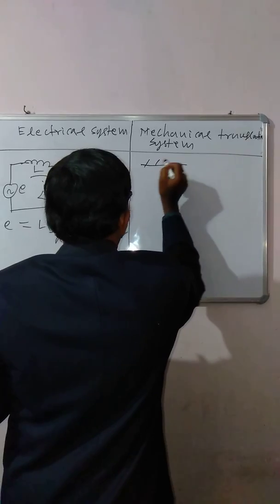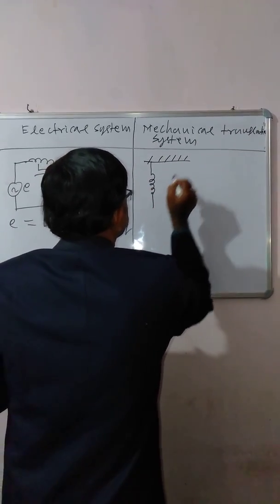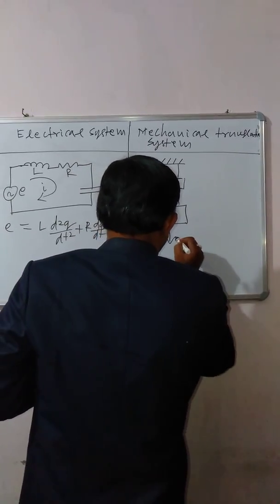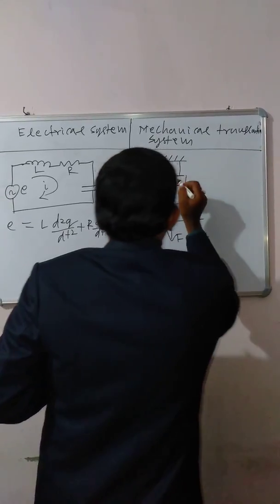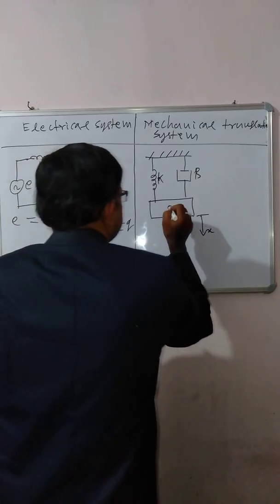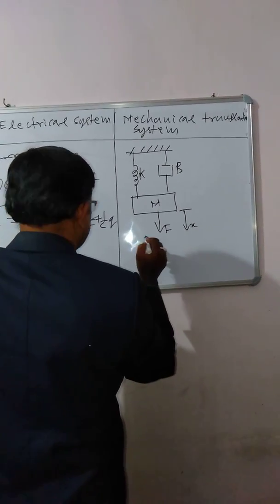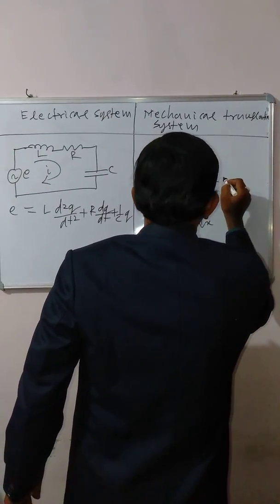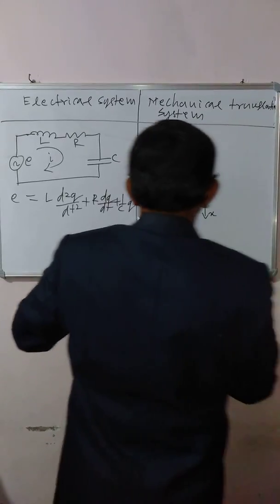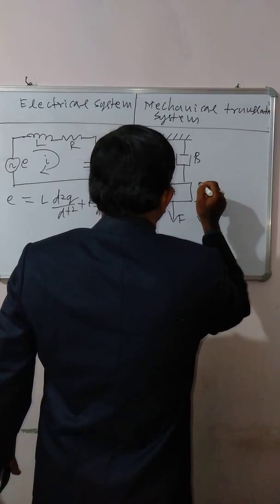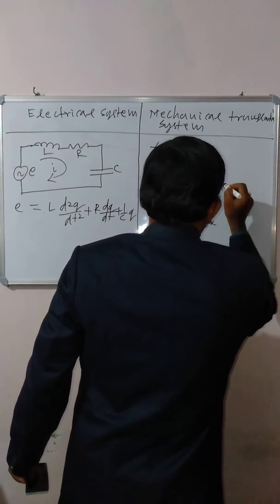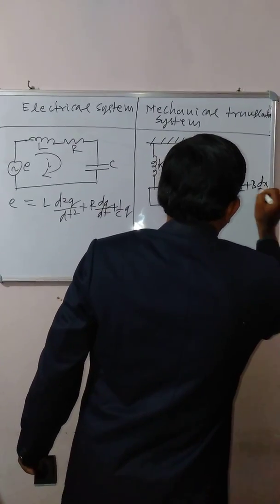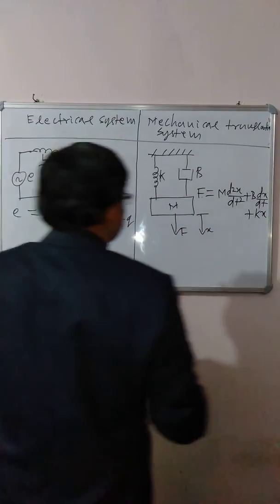And this is your mechanical translational system, with damper b, spring k and mass M. The differential equation is: input force F is equal to M d square x by dt square plus b dx by dt plus kx.